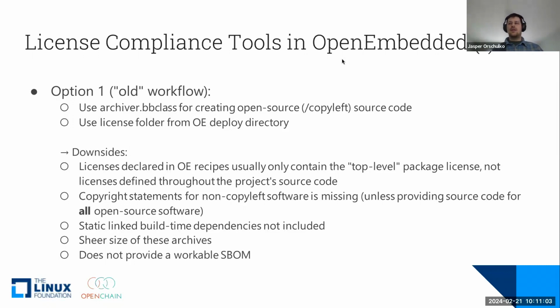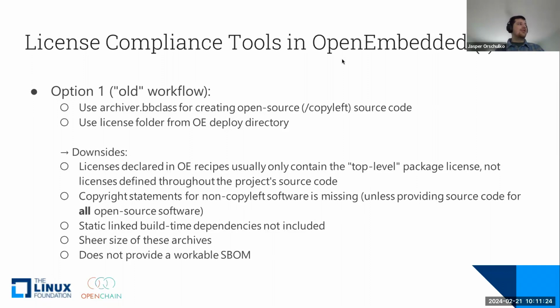So it doesn't go into depth and check for any licenses that are defined throughout the project source code. And as far as I'm aware, the copyright statements aren't used at all, although take that with a grain of salt, because I'm not 100% sure on that.